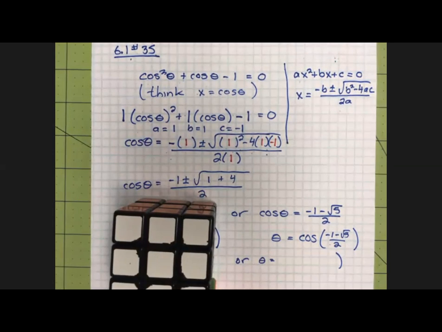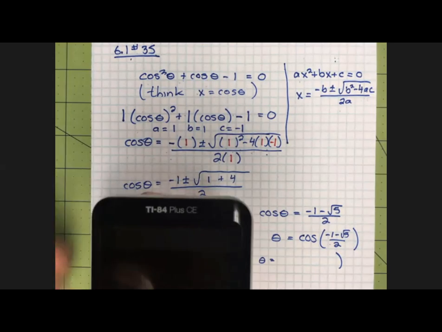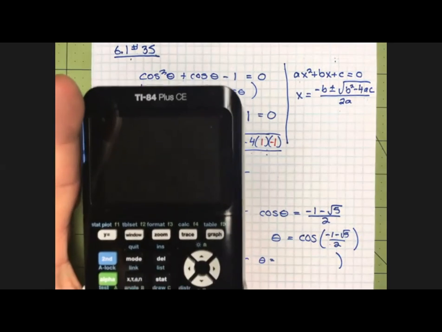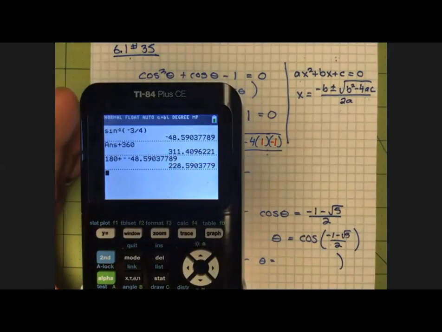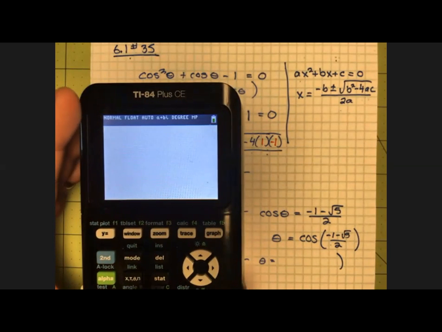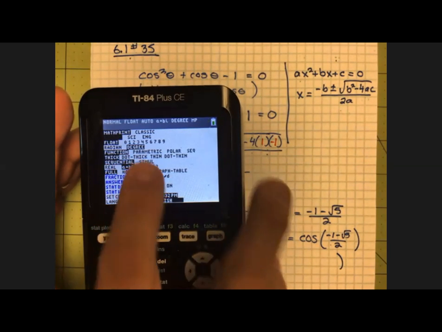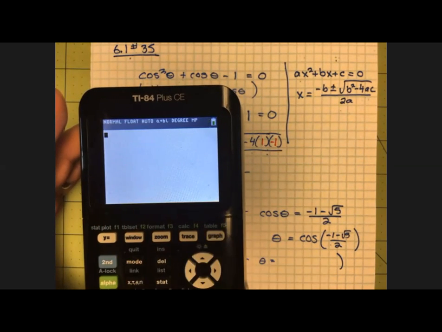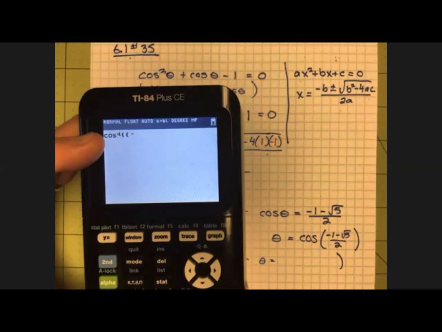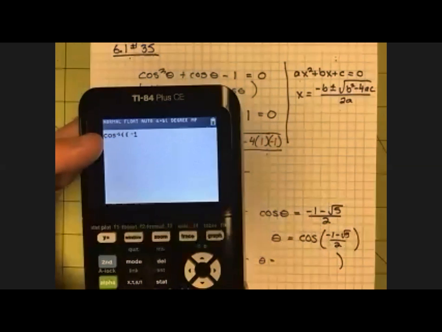Get my calculator back. Clear. I am in degrees. I had already checked that. So cosine inverse of parentheses -1 plus the square root of 5.